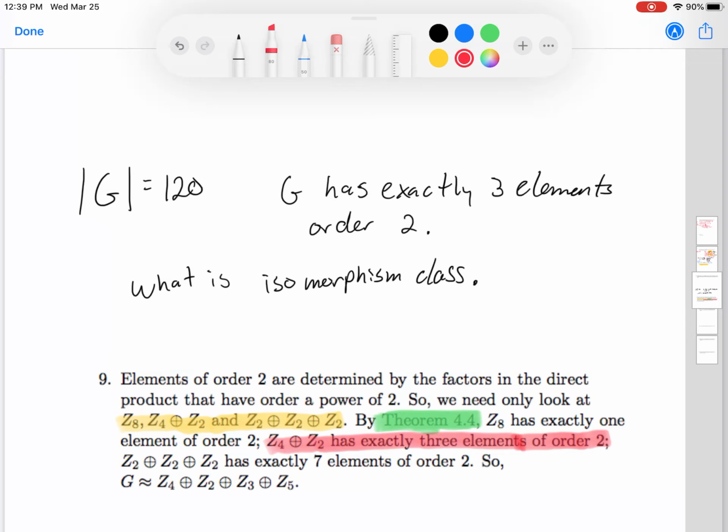So this tells us that as we're thinking about breaking down 120, 120, by the way, is equal to what? Well, we could say that it's 2 cubed times 3 times 5, right?